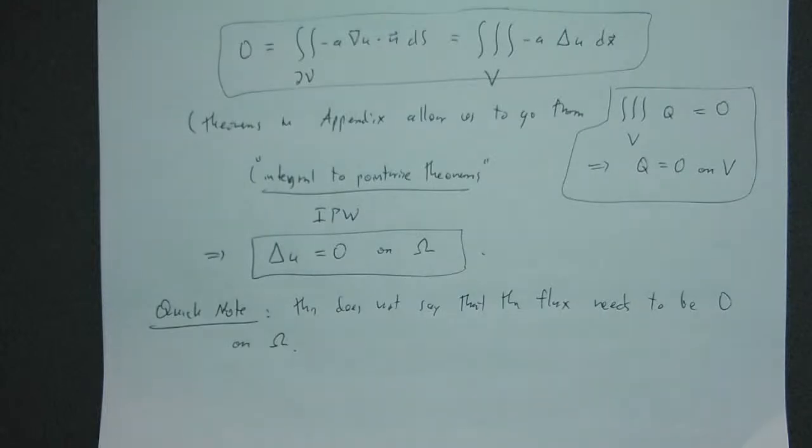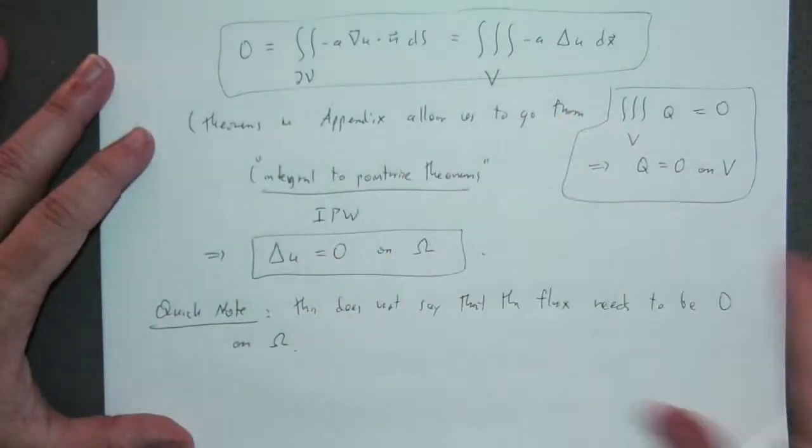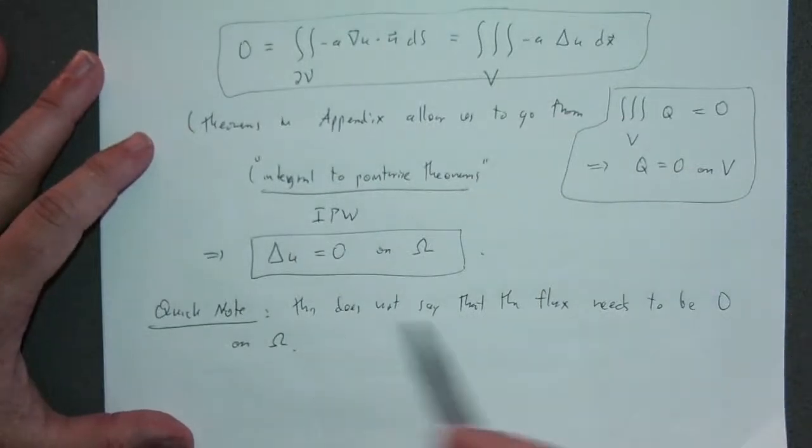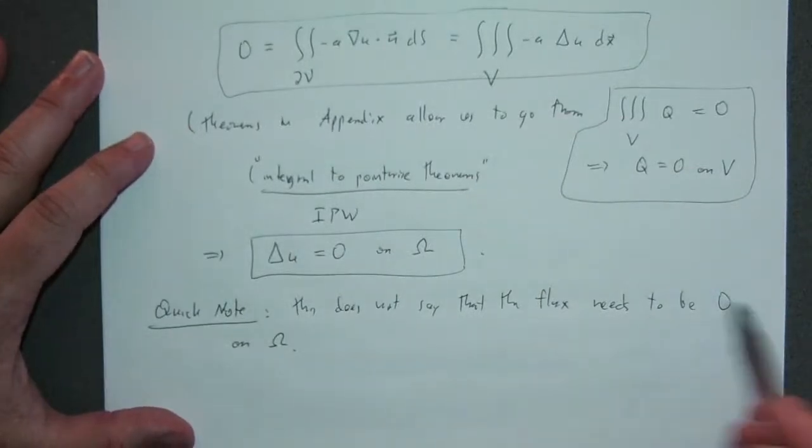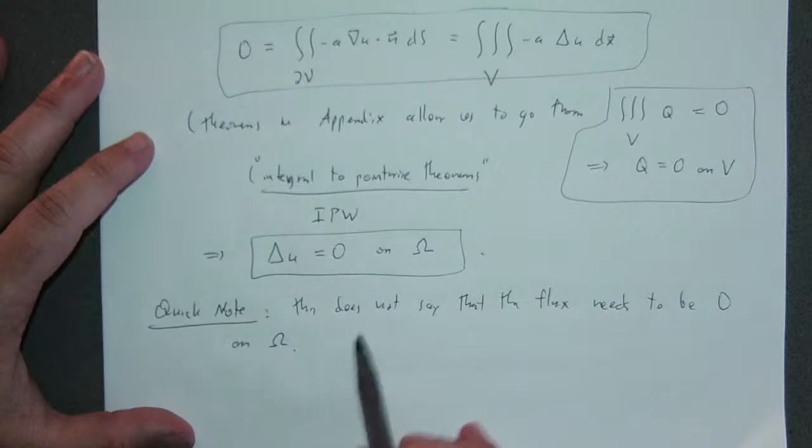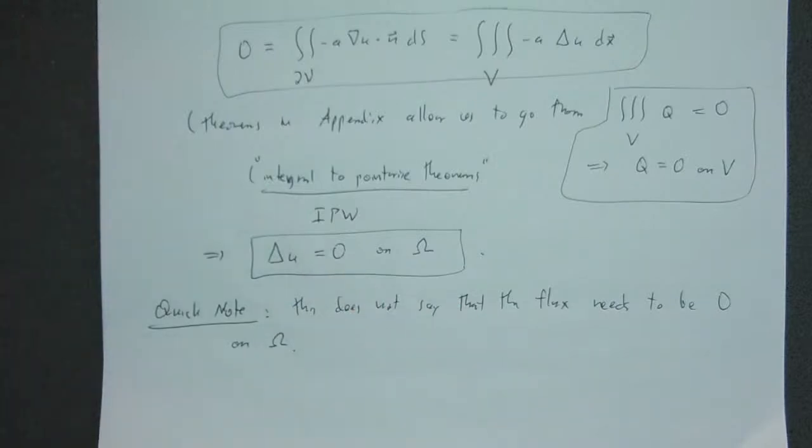So then the question is what does this say? Most importantly, if the flux were 0 everywhere on omega, then the only u satisfying this would be constant, right? Because if the flux was 0, then the quantity in question would just be a constant.